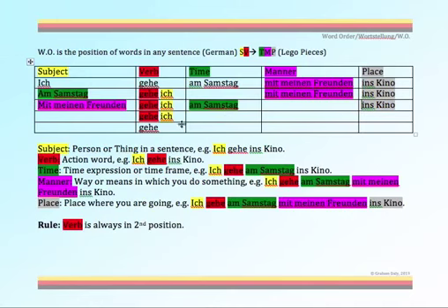Okay. So now we have the time at the start, the manner at the start. You probably guessed, right? We can have a place where we're going at the start. So ins Kino goes at the start of the sentence. Again, verb is always in second position. Place is also a bully that forces the subject, person, to hide behind the verb. So ins Kino gehe ich.